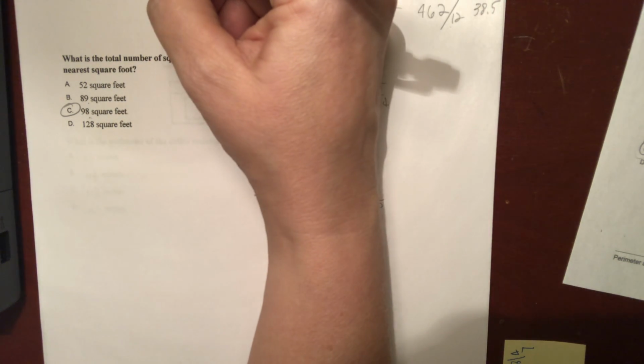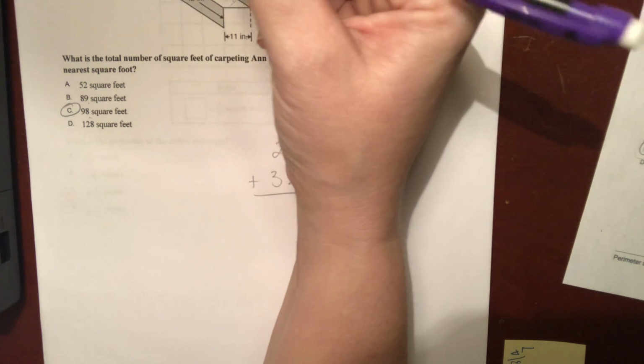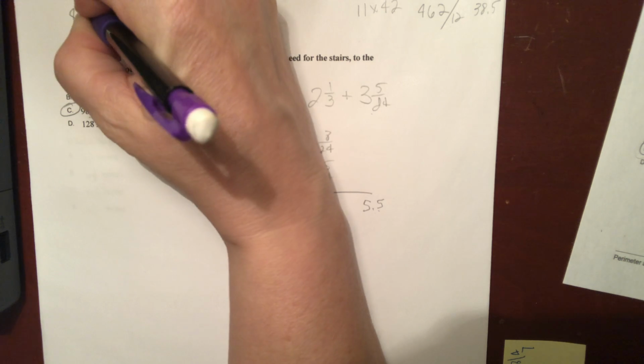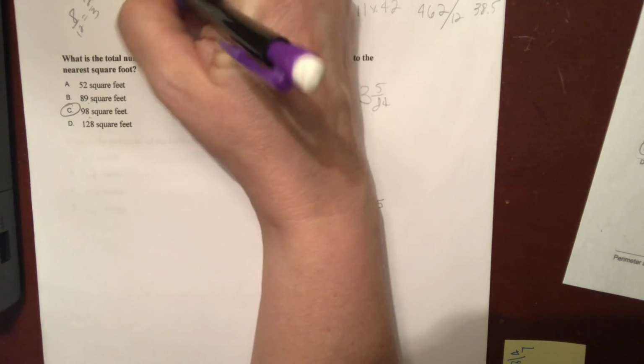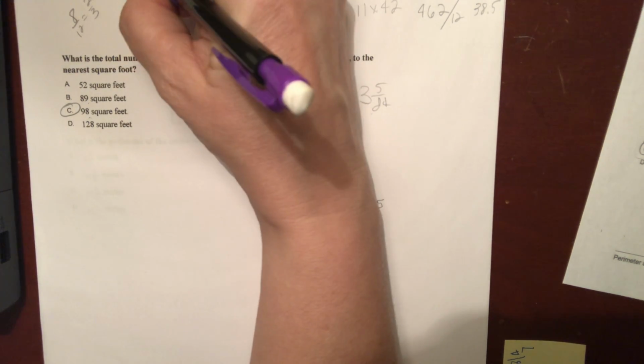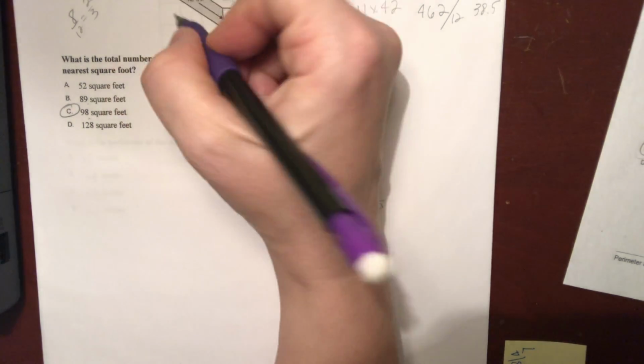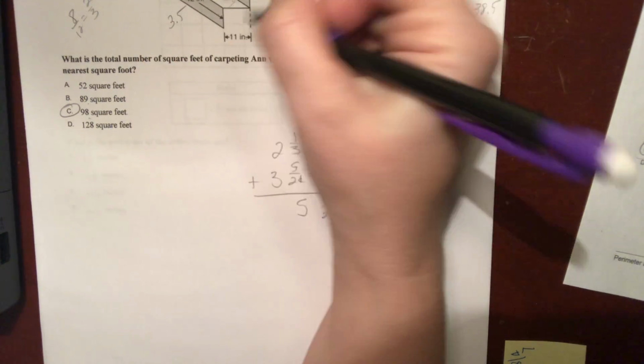Let's do 8 inches. 8 over 12 is 2/3. So this is 2/3 feet. 42 divided by 12 is 3.5. So this is 3.5 feet.